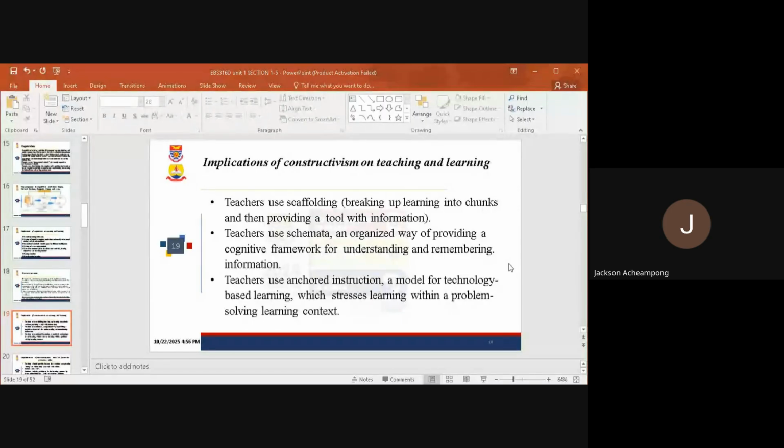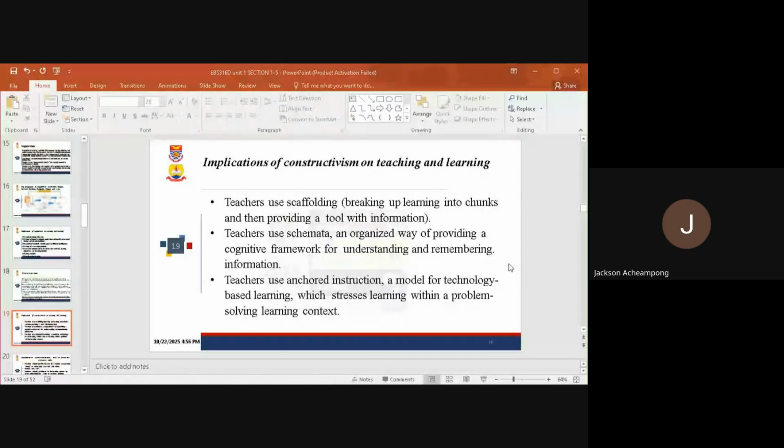So it can be any method. Either you are breaking it into chunks, or you are using a visual form of teaching. But here it seems that you are narrowing the whole thing, that if you break the thing into chunks, that is whereby you are applying scaffolding. But in the College of Education, we're taught that any method that would gear towards the understanding of the learner is referred to as scaffolding. So here it seems there's a little bit of contradiction.